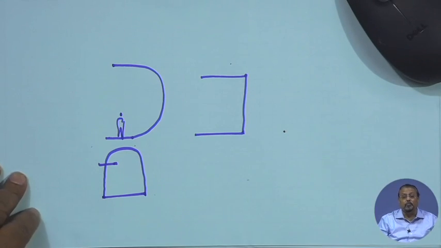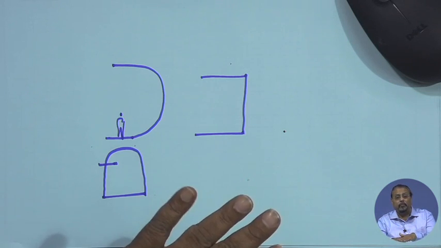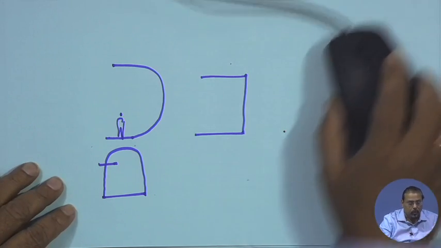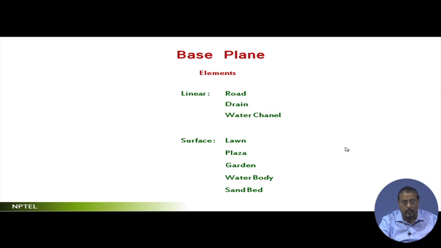So the idea is that anything below your feet is the base plane, anything on all four sides is the vertical plane, and anything above your head is the overhead plane. In that context, the linear forms of the base plane are road, drains, water channel, etc. And in terms of surface, it is lawn, plaza, garden, water body, sand bed.